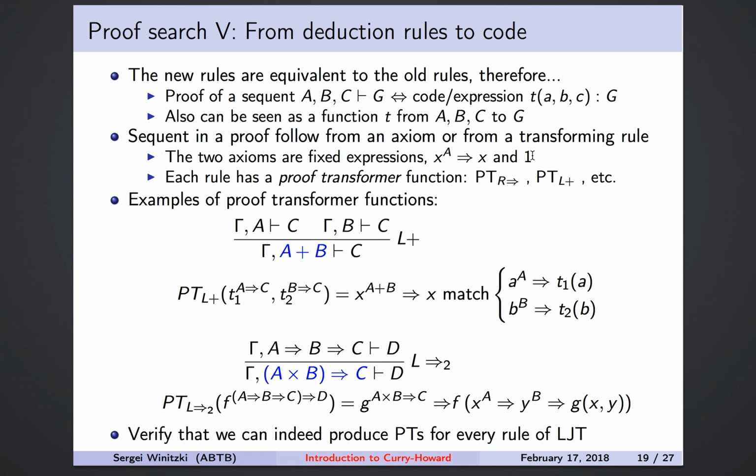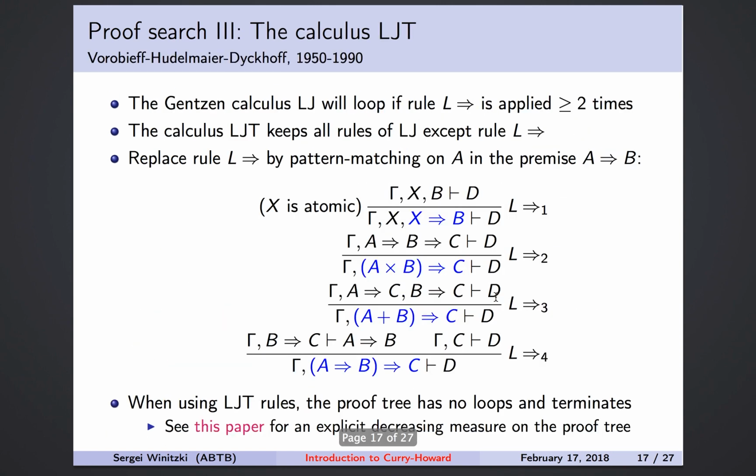The derivation rules changed, and each new derivation rule means that you're given expressions that prove the sequents in the numerator, one or more, and out of these expressions, somehow you have to construct an expression that proves this sequent.